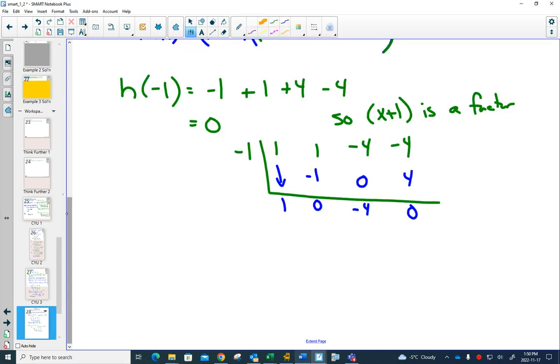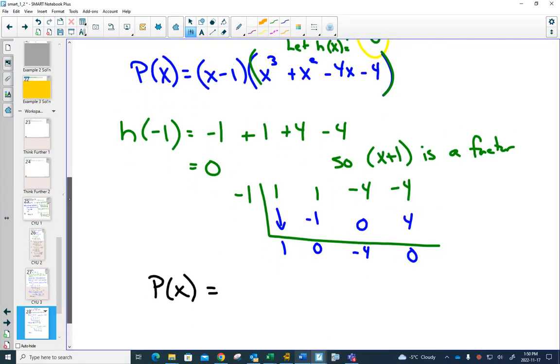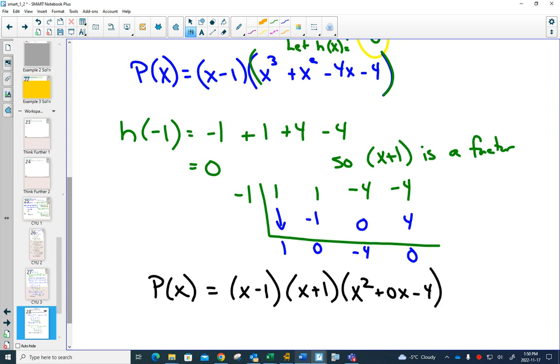And I could rewrite, I'll just do it quickly, p of x, which we already had x minus 1 as a factor. We now have x plus 1 as a factor, and are left with x squared plus 0x's minus 4. And that x squared part you could factor as x plus 2, x minus 2 to be done completely.